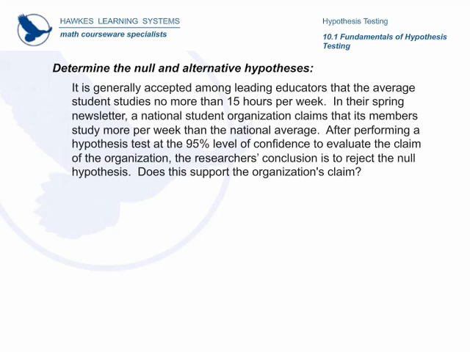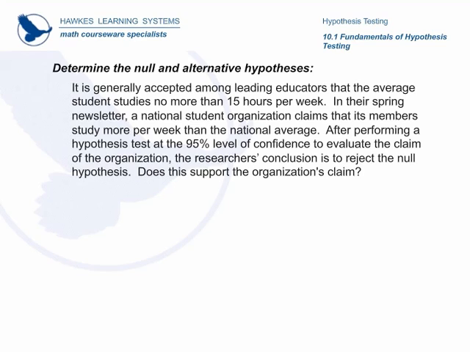Let's take a look at an example. We're going to determine the null and the alternative hypothesis using this scenario. It is generally accepted among leading educators that the average student studies no more than 15 hours per week. In their spring newsletter, a national student organization claims that its members study more per week than the national average.